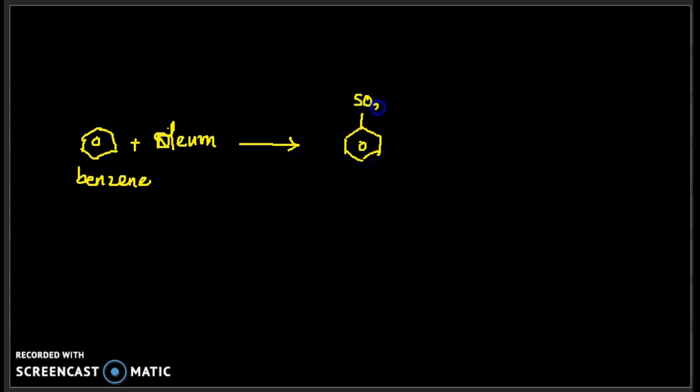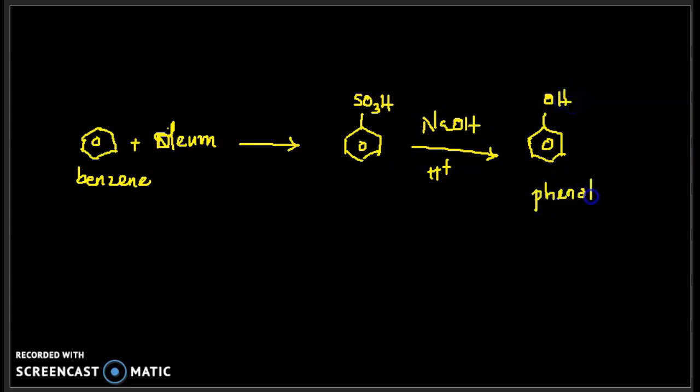Benzene sulfonic acid കിട്ടി. എന്നിട്ട് എന്ത് ചെയ്യും? This benzene sulfonic acid നെ നമ്മൾ നേരത്തെ ചെയ്ത പോലെ സോഡിയം ഹൈഡ്രോക്സൈഡ് NaOH വെച്ച് ട്രീറ്റ് ചെയ്തു. അപ്പോൾ നിങ്ങൾക്ക് സോഡിയം ഫിനോക്സൈഡ് കിട്ടും. ആ സോഡിയം ഫിനോക്സൈഡിനെ HCl ഒരു ആസിഡിക് മീഡിയത്തിൽ ട്രീറ്റ് ചെയ്യുമ്പോൾ ഫിനോൾ കിട്ടും. So that is the second method, preparation of phenol from benzene sulfonic acid.